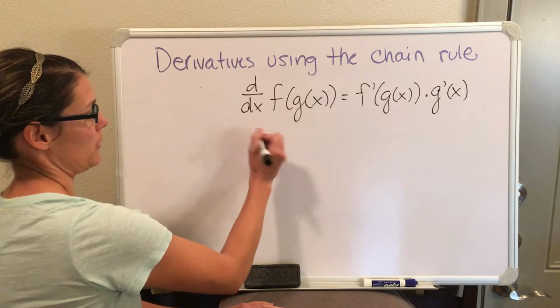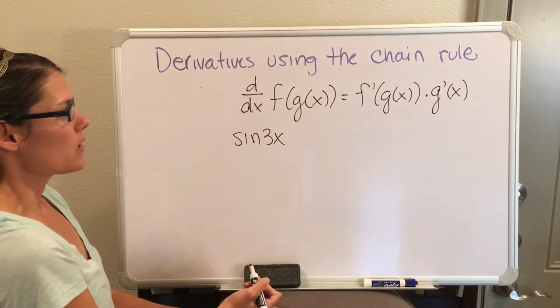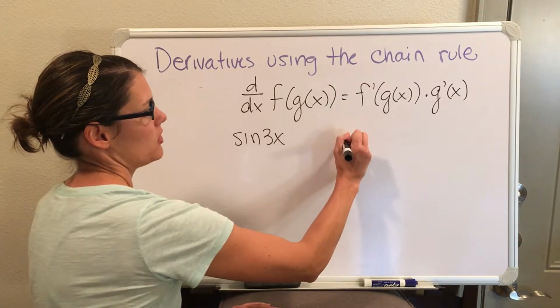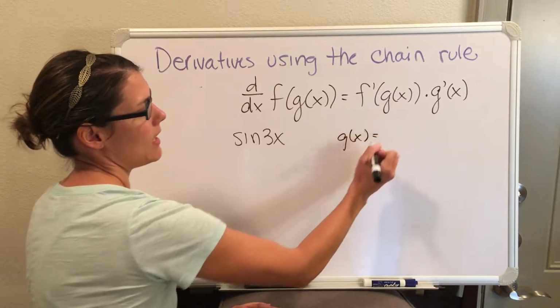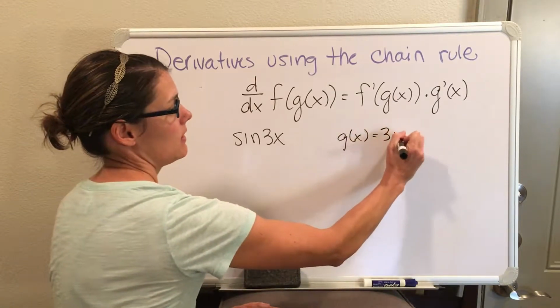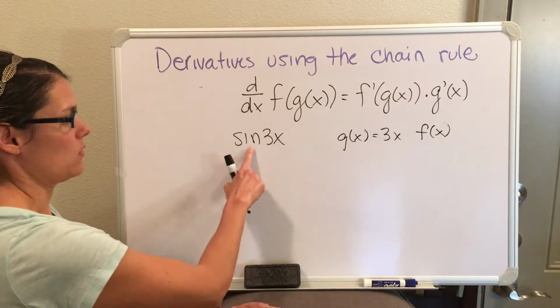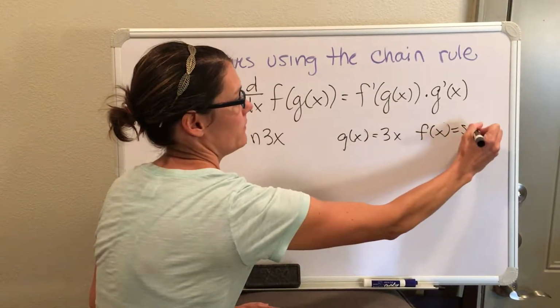Let's start with the trig function, sine of 3x. What you want to think of is that your g of x function is the inside, which would be considered the angle, which is 3x, and your f of x function is considered the outside function, which is sine.